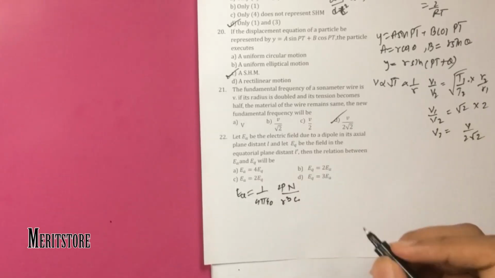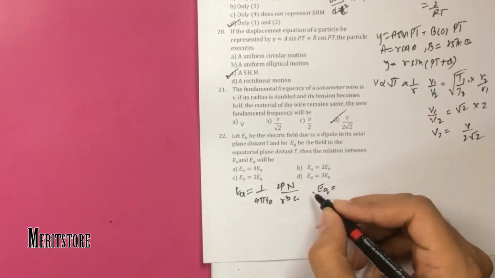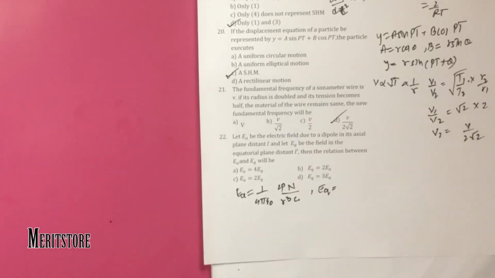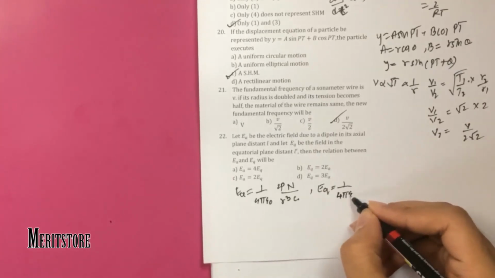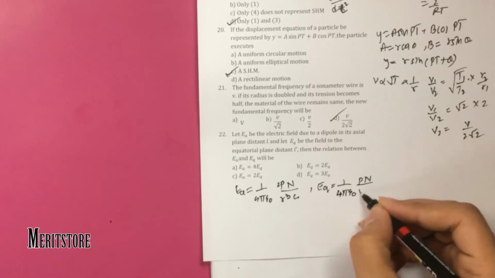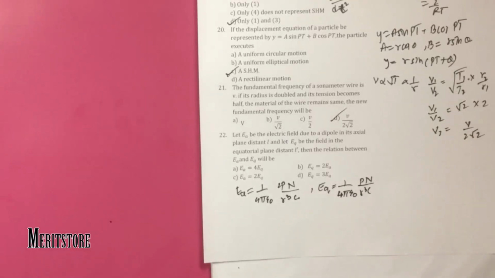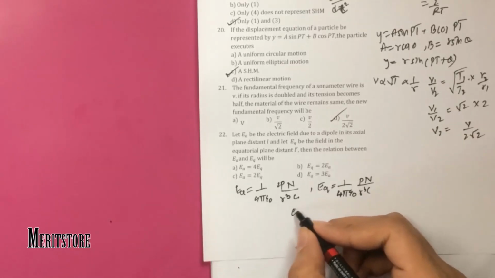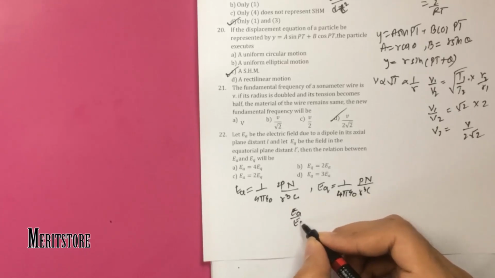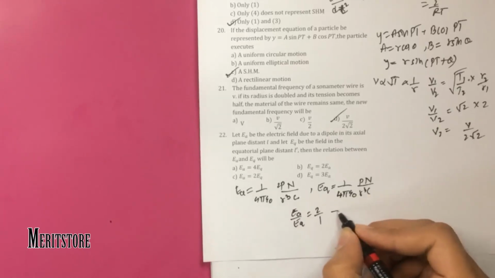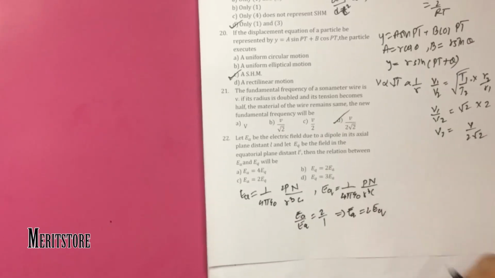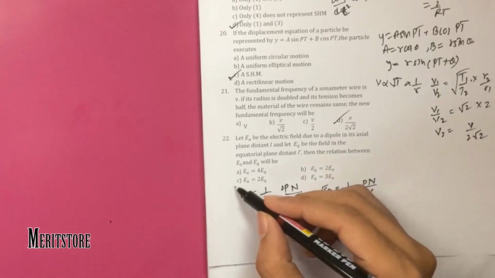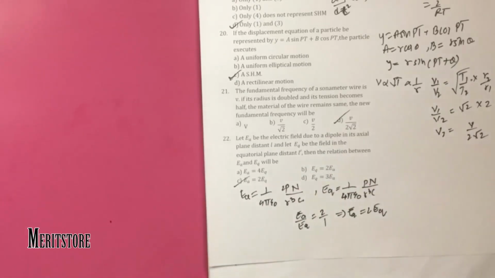Whereas EQ, when the dipole is in the equatorial plane, the equation becomes 1 upon 4 pi epsilon 0 times P by R cube. So using both the equations, I can say EA by EQ would be equal to 2 by 1. So EA would be equal to 2 times EQ. So your correct answer would be option C, EA equals 2 times EQ.